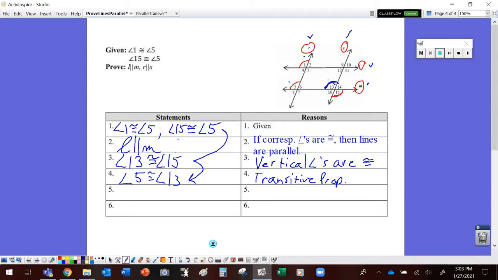Those two are corresponding angles again, which means the lines that they're on, so here's the transversal that forms angles 5 and 13, and here are the other two lines involved. That means that those other two lines are going to be parallel. So those other two lines are lines R and S, and we can say that they're parallel because if corresponding angles are congruent, then lines are parallel.